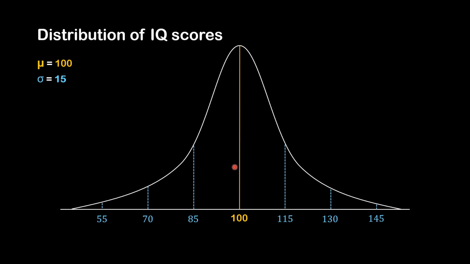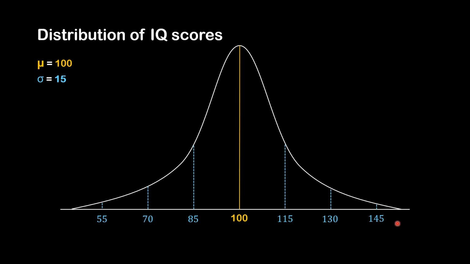Since we have 95% of people falling between 70 and 130, and since the distribution is symmetrical, the remaining 5% are split between the two tails. We're going to find 2.5% in the left tail and 2.5% in the right tail.